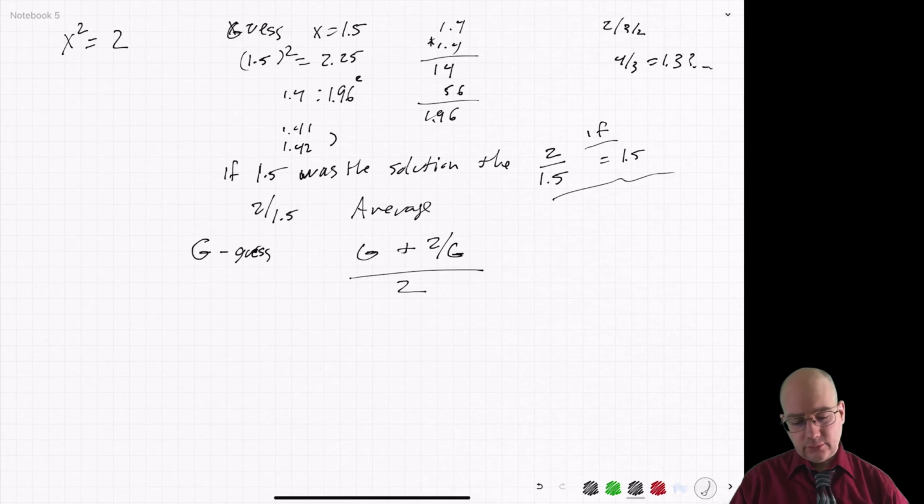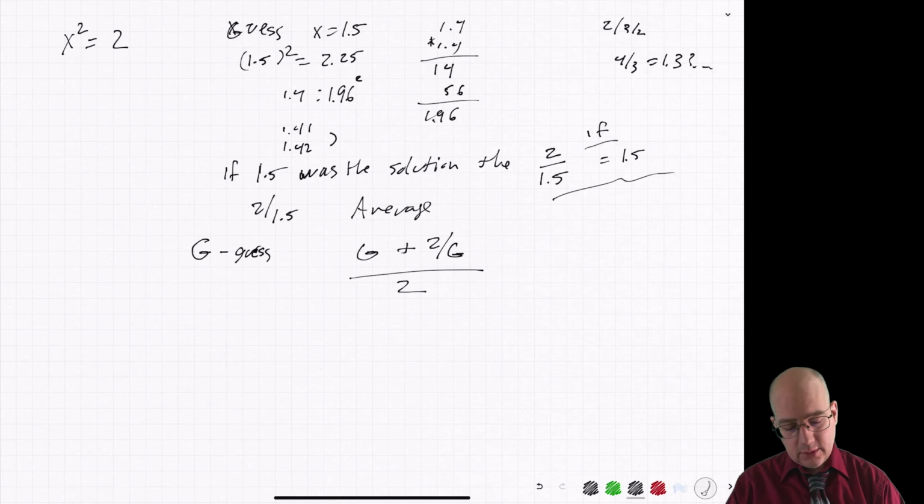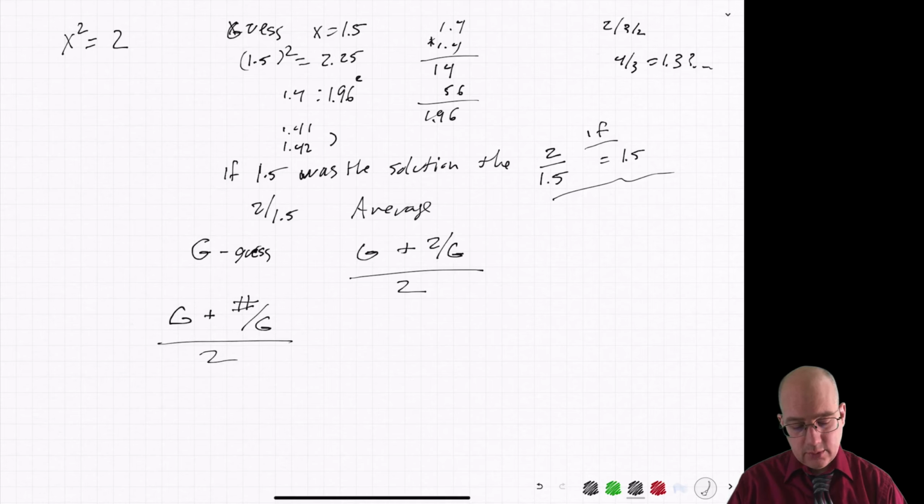All right, so that's you got guess and check and got the average. So basically here's your formula: g plus the number divided by g, over 2. That's the formula where the number is the thing to get the square root of.